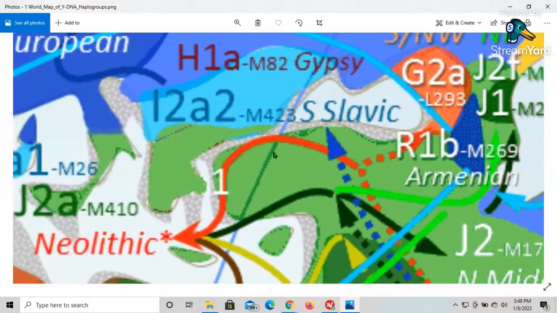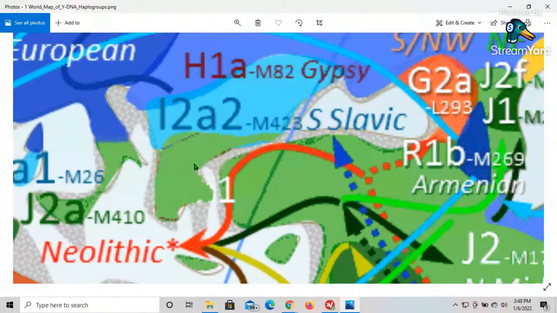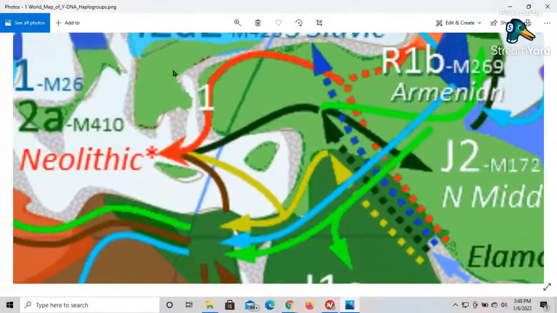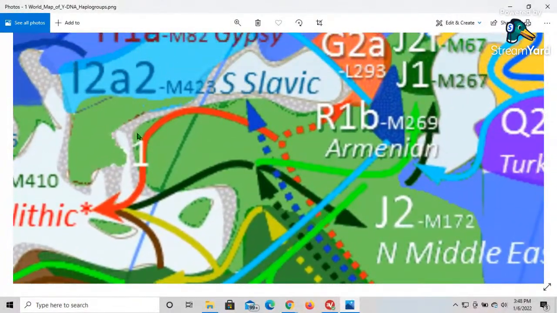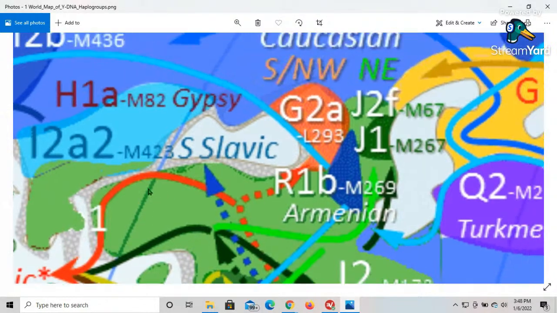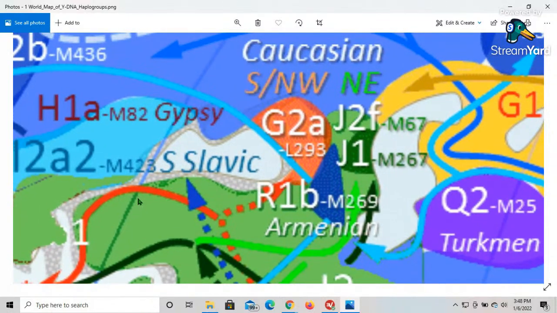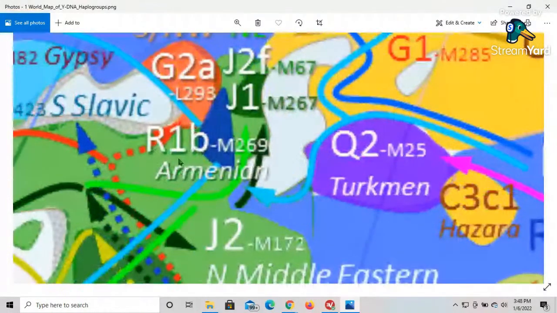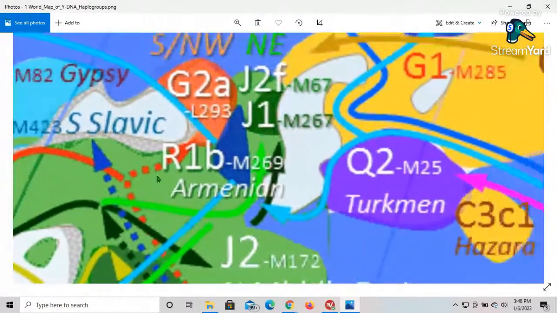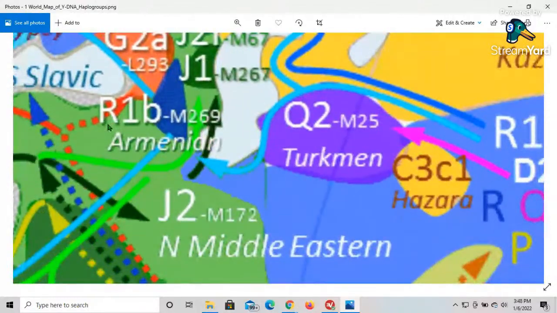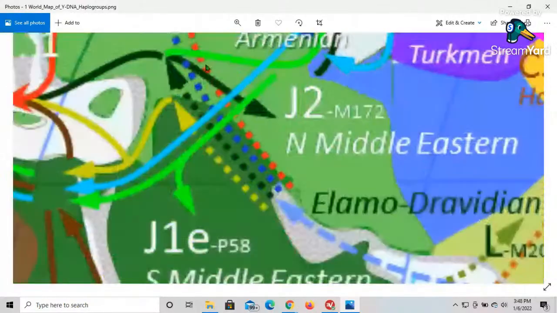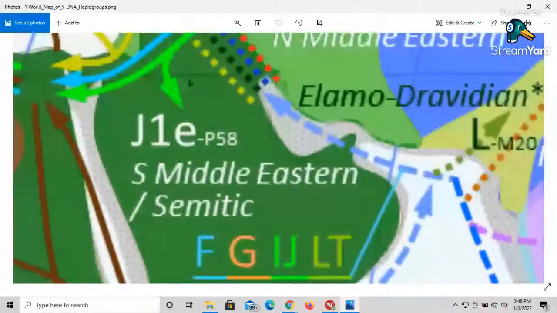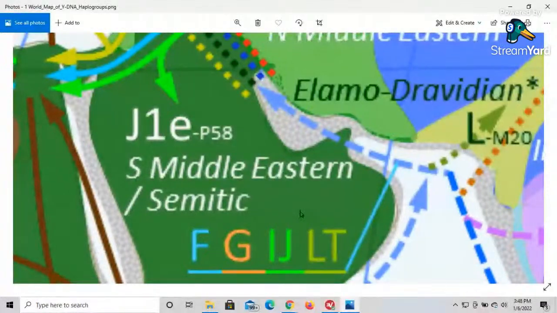The other Semitic population would be the Arameans and the Lydians, which I've assigned F and F2. And as far as the Semitic population, that's it. It's just the Arameans, the Lydians, the Assyrians, the Elamites, and number 5 is the descendants of Arpachshad and Abraham.